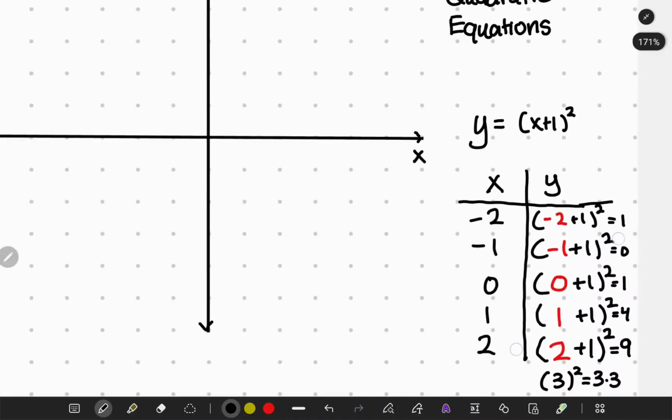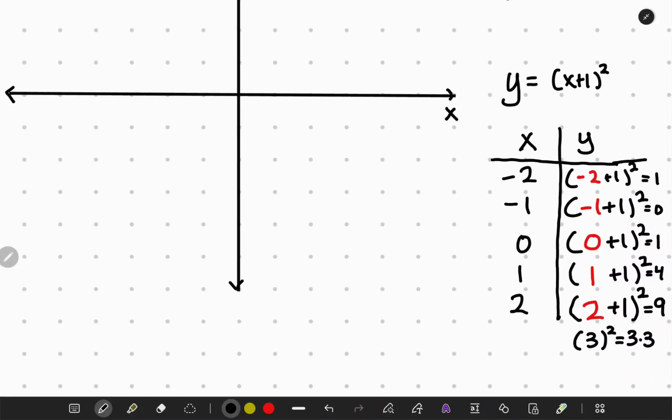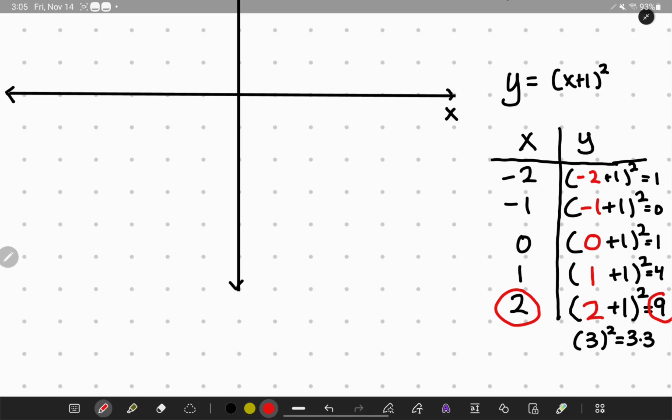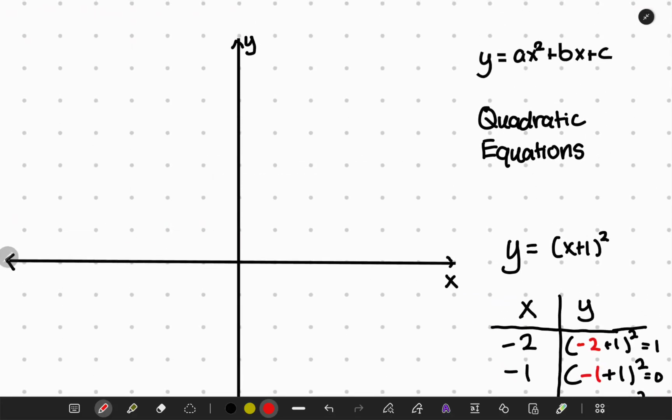Okay, so I have my 5 dots. The only thing I have to do now is plot them. I look at my x and y values. My first x value is 2, and my y value is 9. On the graph, I find where x equals 2.